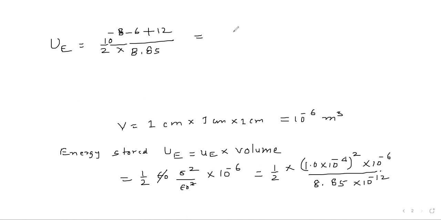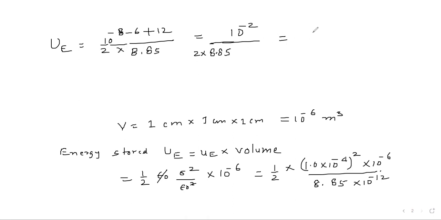So in the numerator it will become 10 to the power minus 14 plus 12, so minus 2, divided by 2 into 8.85. Now we simplify it.